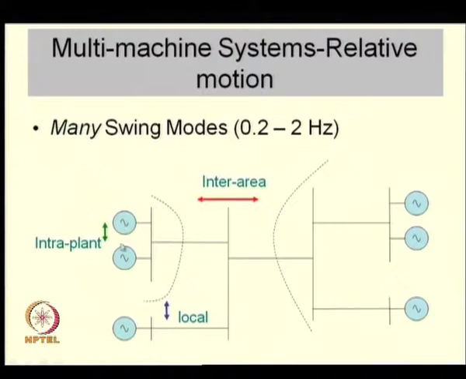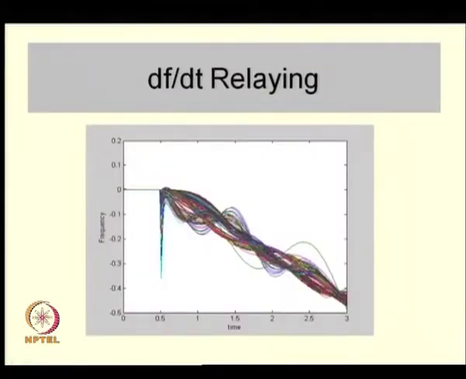Then you can have a local mode in which these two machines swing together with respect to this machine in the same area, or you can have all the machines in an area swinging together against the machines in another area. If you look closely at this simulated response, you will find some machines swinging together against machines in another area.